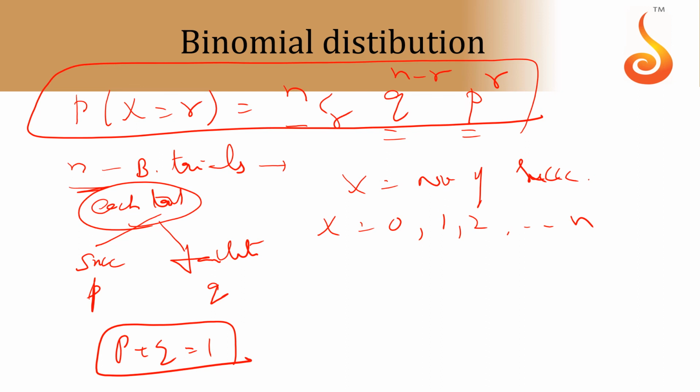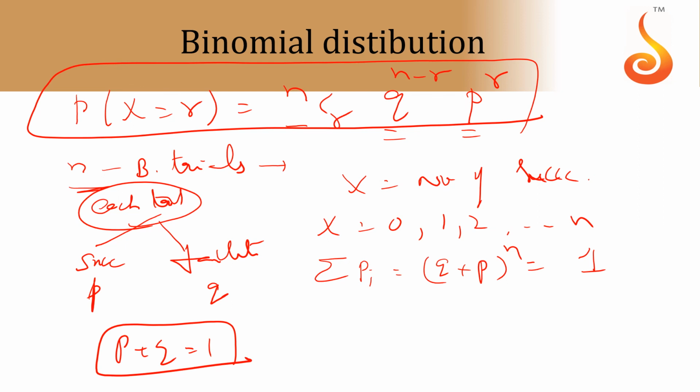And if you observe, the summation of the probabilities will be equal to q plus p whole power n, which is equal to 1. If you expand q plus p whole power n, the terms will tell you the corresponding probabilities. So binomial distribution is nothing but q plus p whole power n given by Bernoulli, so it is also called Bernoulli distribution, and it is the same as the binomial expansion. That's why it is also called binomial distribution.